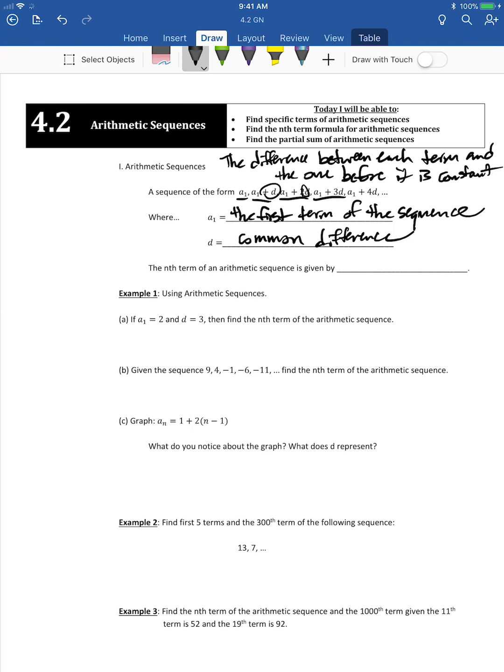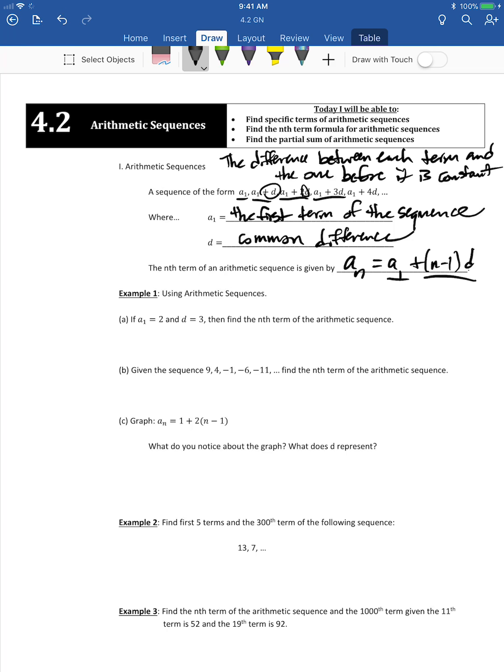And then we have a formula for the nth term of any arithmetic sequence, and this is given by a sub n equals a1 plus n minus 1 times d. And that should make sense to us. If d is the difference between any term and the term before it, then that's where we're getting n minus 1 times d, and then we're always starting with the first term.